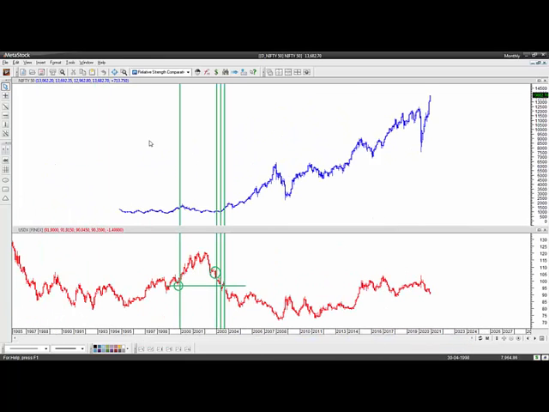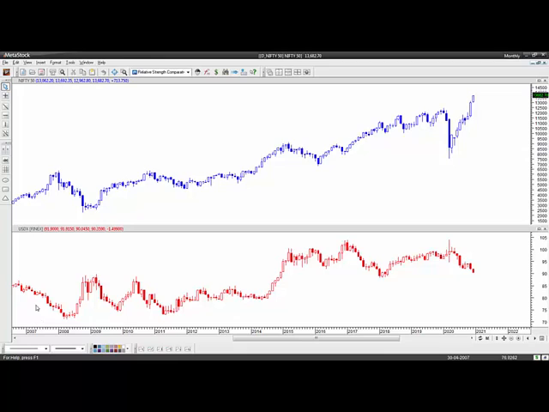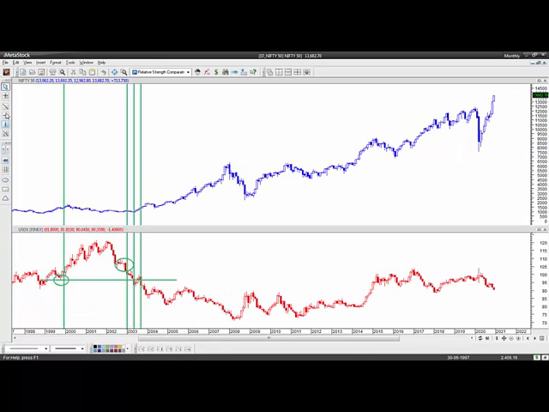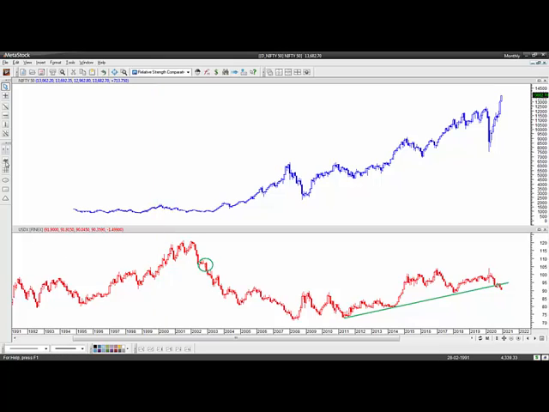Now what we are seeing is, if I were to zoom into the current time frame, we are close to a similar breakdown on the dollar index, just like it was in 2003.